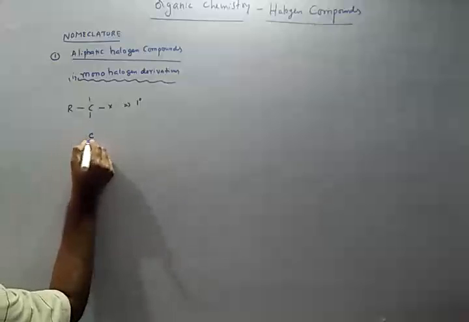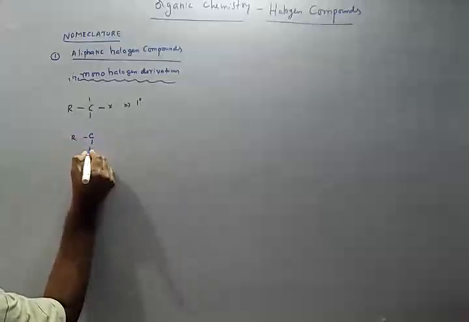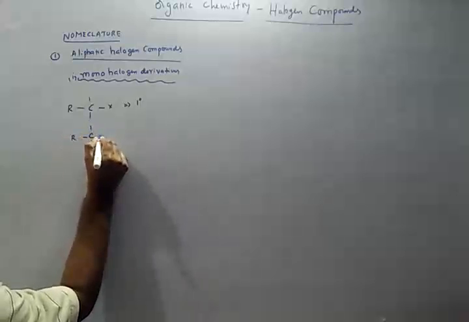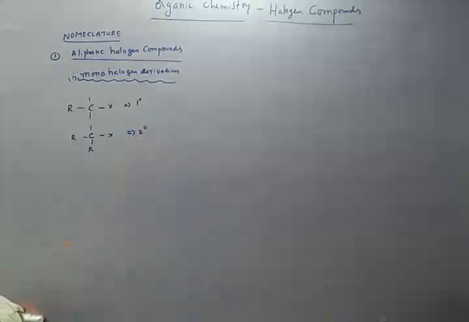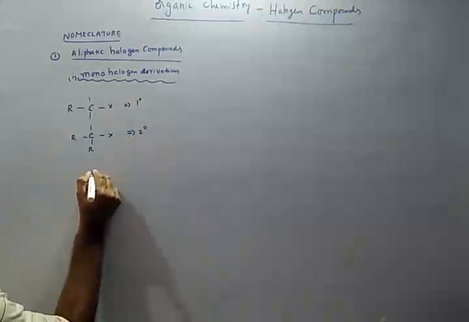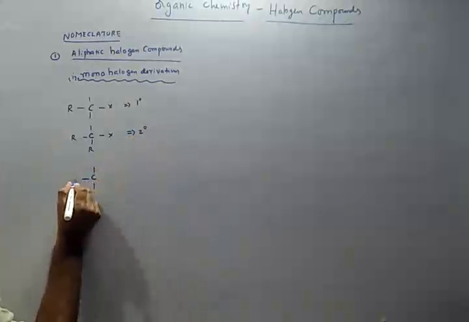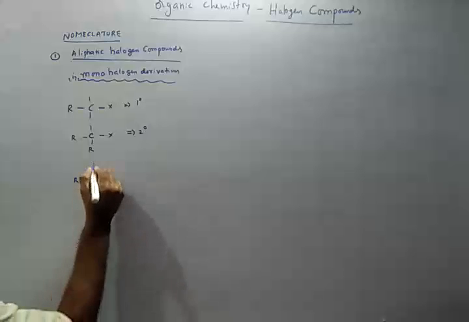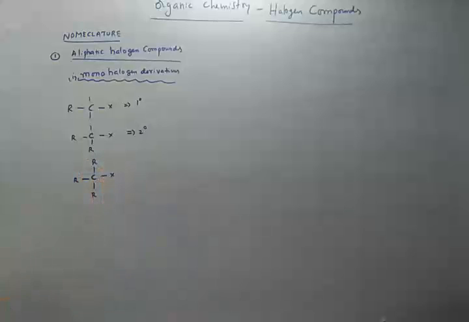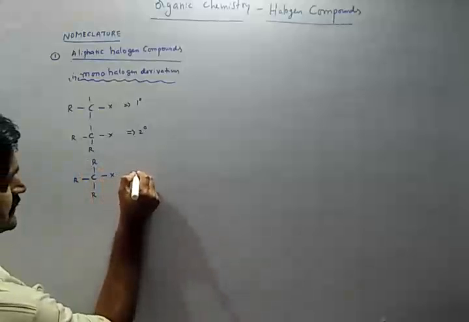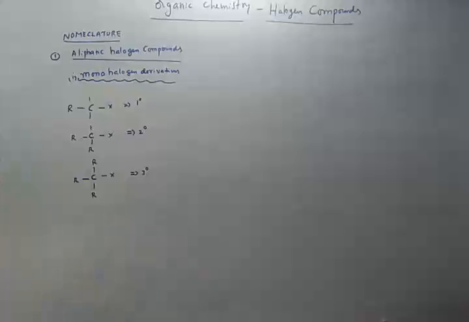If the carbon linked with the halogen is linked with two other carbon atoms or alkyl groups, then we call that a secondary alkyl halide. In the same fashion, if the carbon linked with the halogen is linked with three alkyl groups or carbon atoms, then this is called a tertiary alkyl halide.